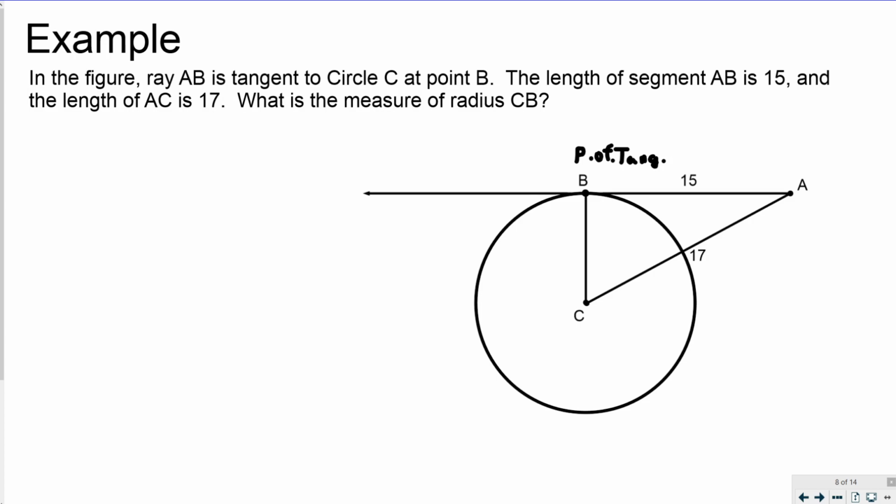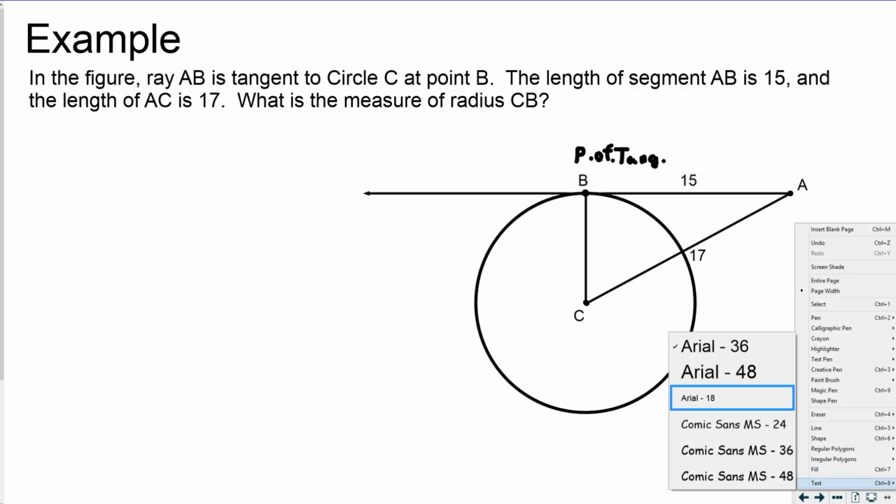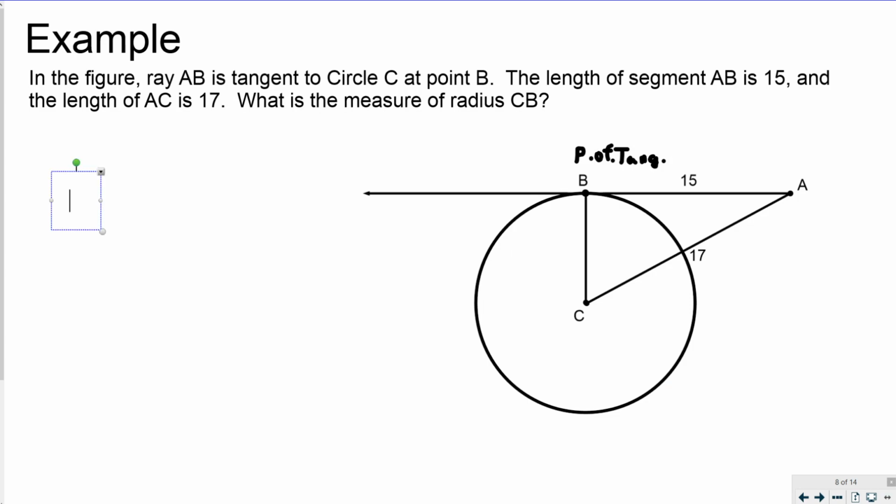Okay, let's see. I'm thinking through this, and I do notice that ABC is a triangle. That may help me. The next thing I know is that CB is a radius, so I'm going to add that information here. CB is a radius.